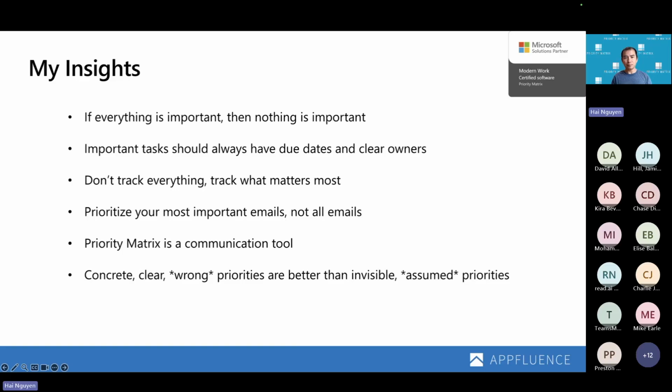The second aspect is that important tasks should always have due dates, as well as well-defined ownership. And in Matrix, you can set due dates, reminders, recurring due dates, recurring reminders, and clear owners of every single task.